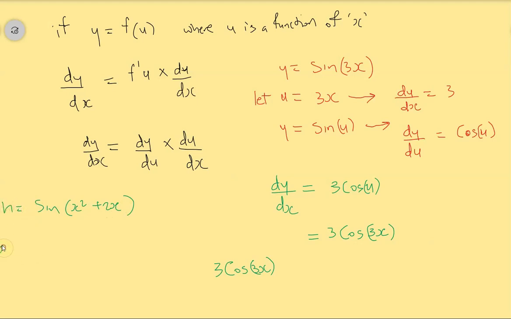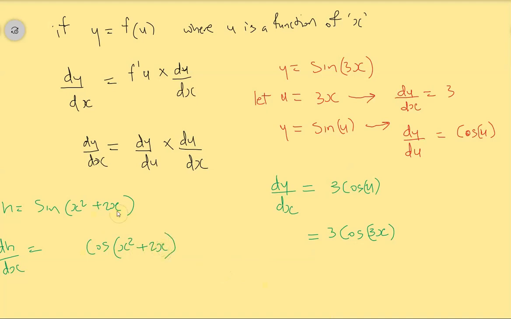Now dh/dx, that would just be equal to, as you can recall, you differentiate the sine normally, which if you differentiate sine, you get cos. So that's cos of whatever is in the bracket.